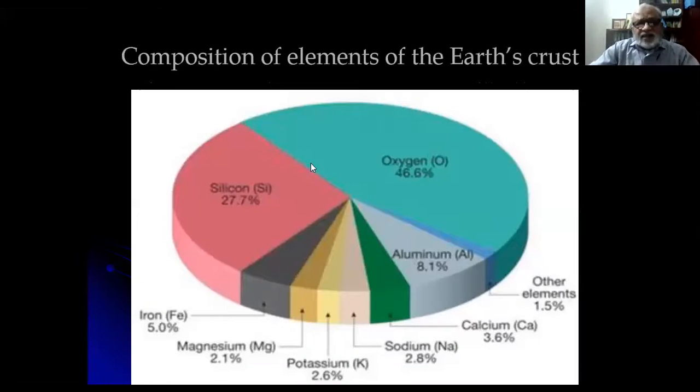And at that time, the hard part of the crust was made of these elements: silicon 27.7%, oxygen 46.6%, aluminum 8.1%, sodium, calcium, potassium, magnesium, iron. So all these chemical elements we could find in the primitive crust.